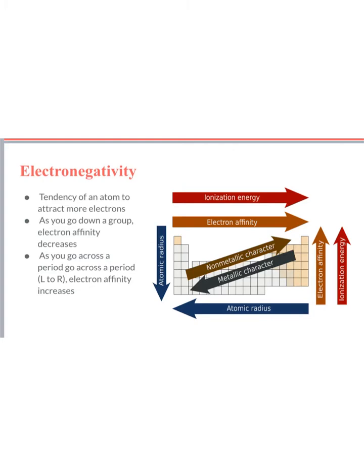So another way to say that is as we move up a group, like this picture shows, our electron affinity increases. And as you move from left to right, our electron affinity increases also. So this means that an atom right here is less likely to attract more electrons than, let's say, this element right here.